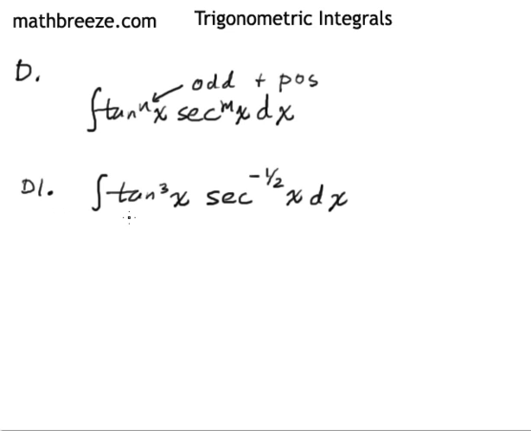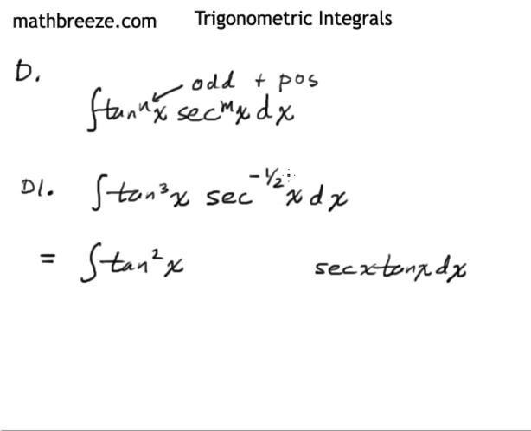We're going to put a derivative next to the dx, and this time it's the derivative of secant x, that's secant x tangent x. So let's take off one tangent x, so we're left with tan squared x, and next to the dx we have secant x tangent x. And where are we going to get the secant from?